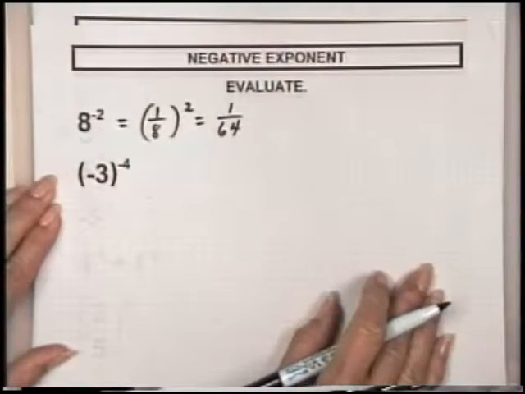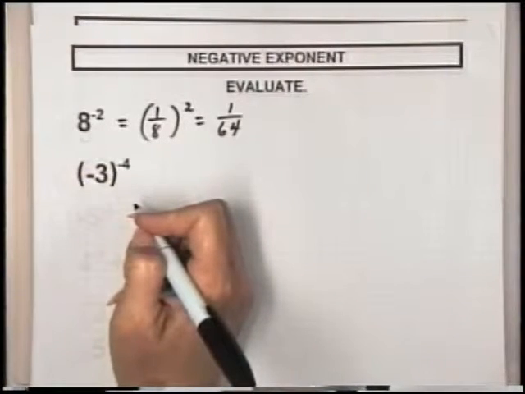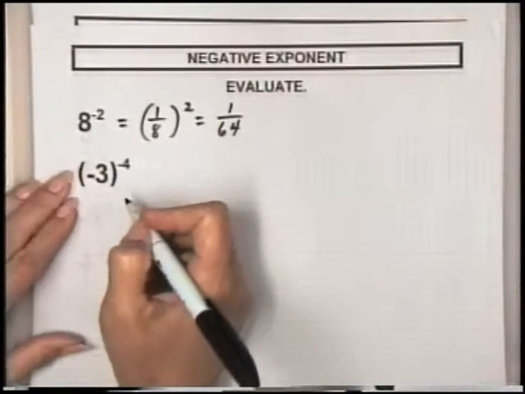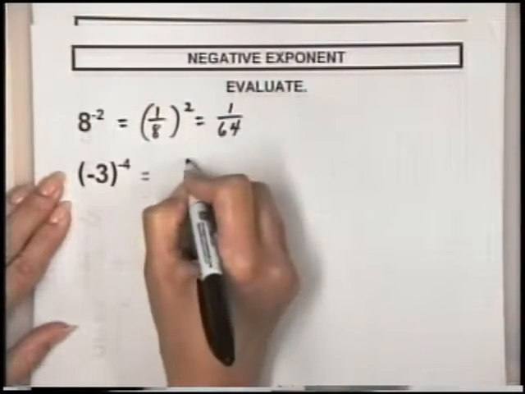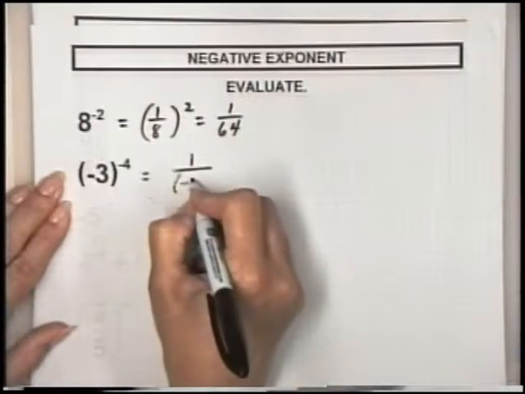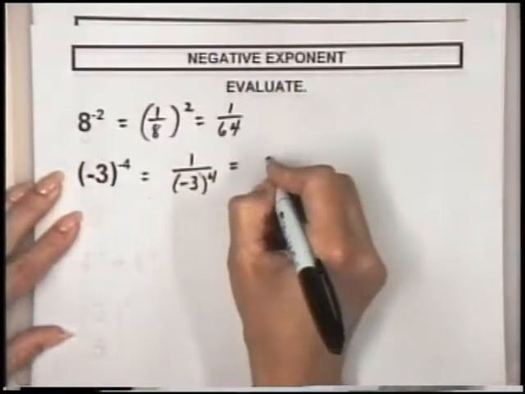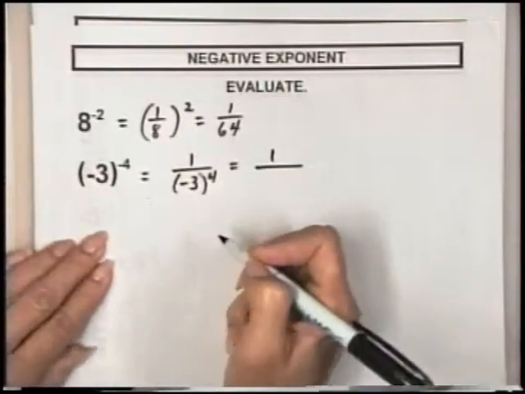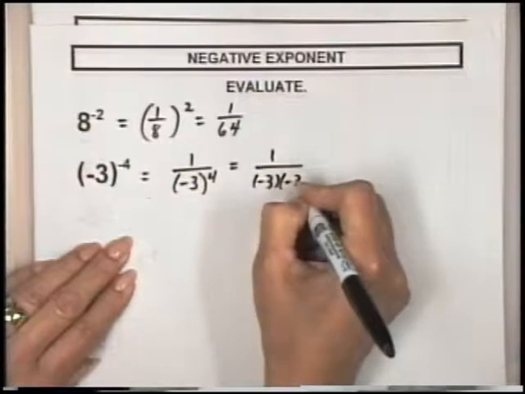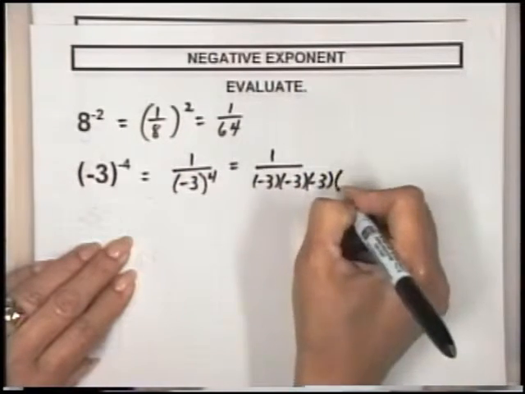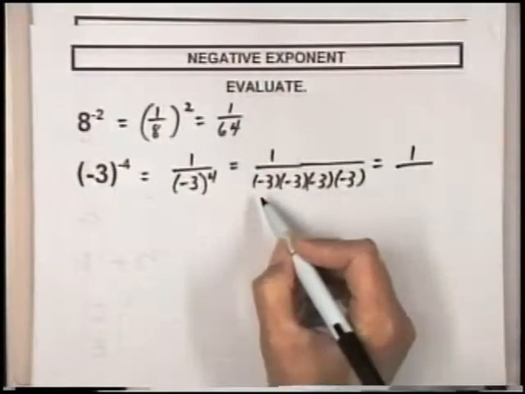Negative 3 raised to the negative 4th power. I may use the reciprocal of negative 3, which would be negative 1/3, or I may think negative 3 raised to the negative 4th power is equal to 1 over negative 3 raised to the 4th power. When I figure out what negative 3 raised to the 4th power is, I can think negative 3 times negative 3 times negative 3 times negative 3.